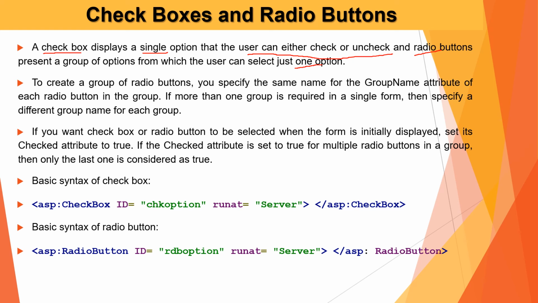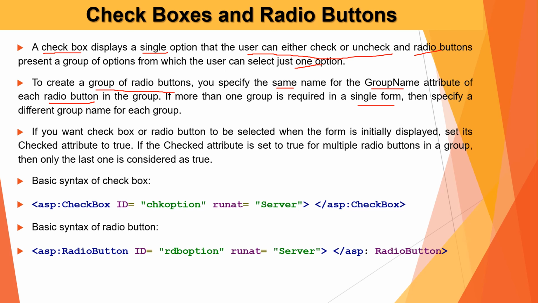To create a group of radio buttons, you can specify the same name for the GroupName attribute of each radio button of the group. If more than one group is required in a single form, then you have to specify different group names for each group.